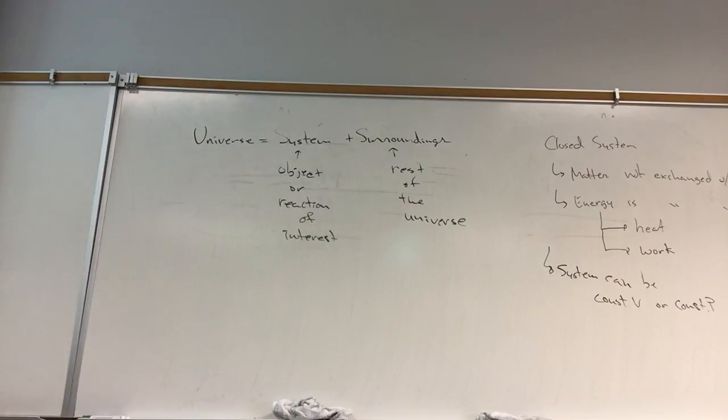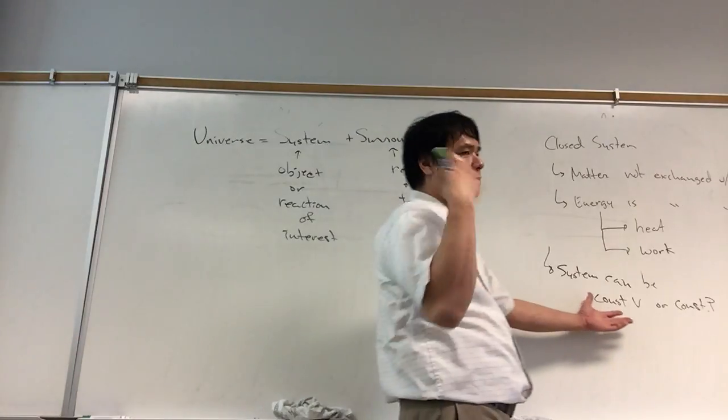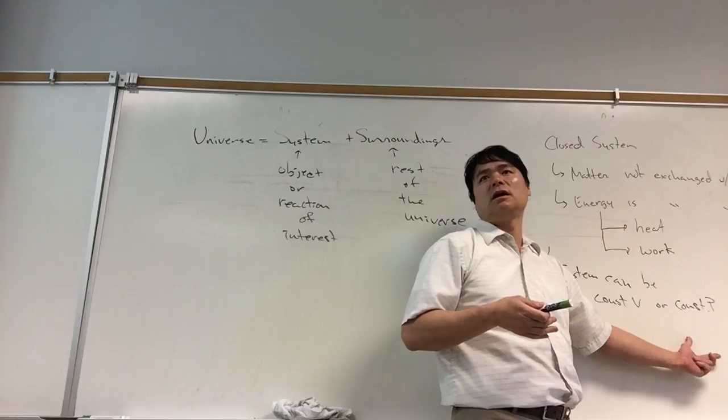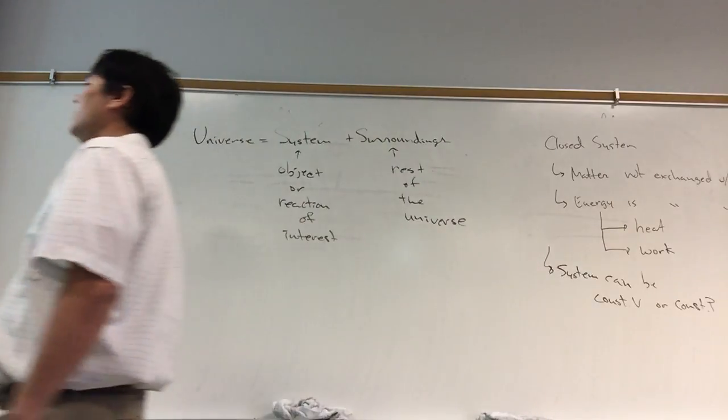Avogadro says the volume of the air plus the volume of the O2 is going to equal the total volume. So when we think about a constant volume system, we think in terms of Dalton's. When we think about a constant pressure system, we think in terms of Avogadro's, right? And so this would be kind of like the balloon.